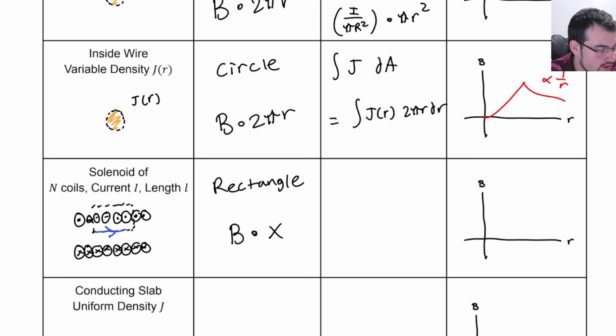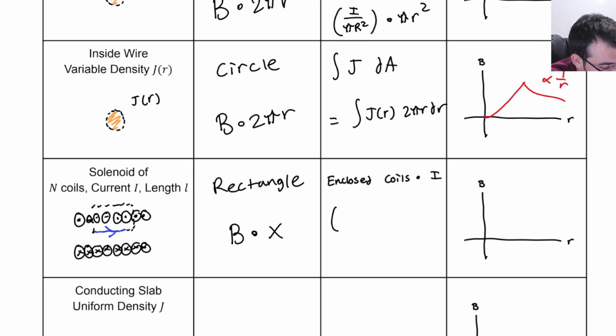Well, the enclosed current would be the number of enclosed coils times the current, because each coil carries a current I. So how many coils did I enclose?